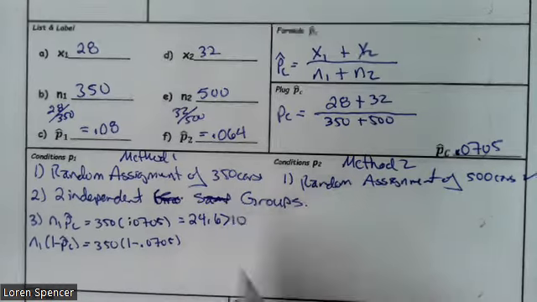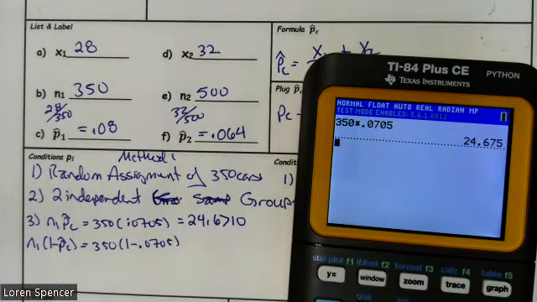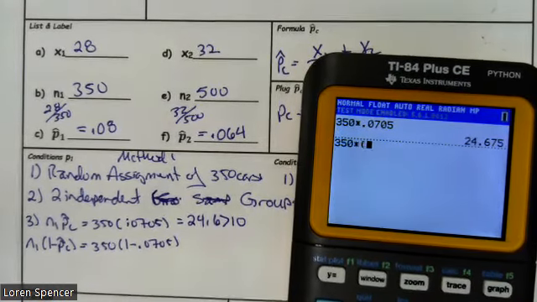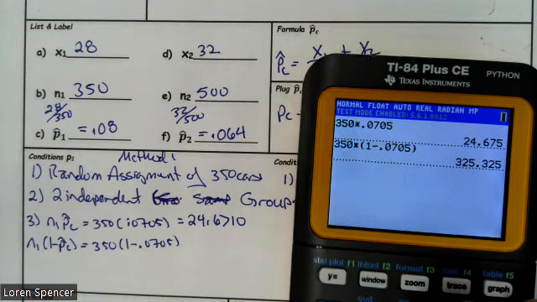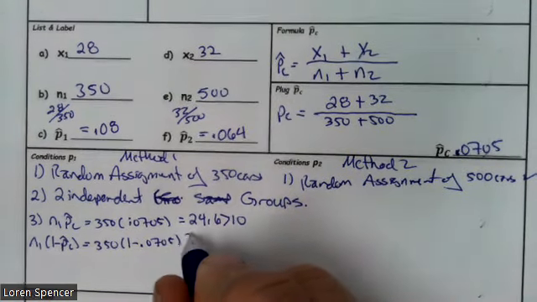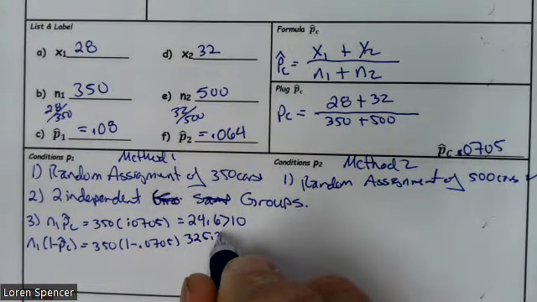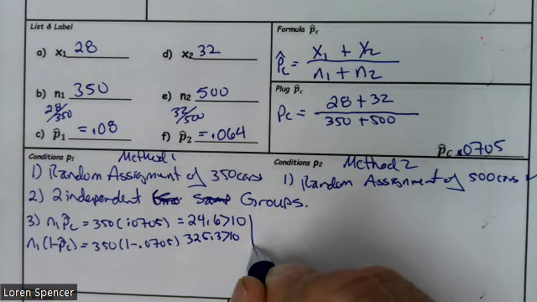That's greater than 10, we're good to go. 350 times (1 minus 0.0705) is 325.3, and that's also greater than 10, so we're good to go there.